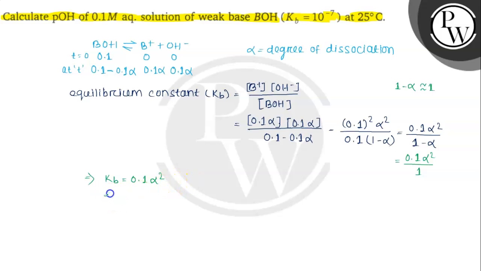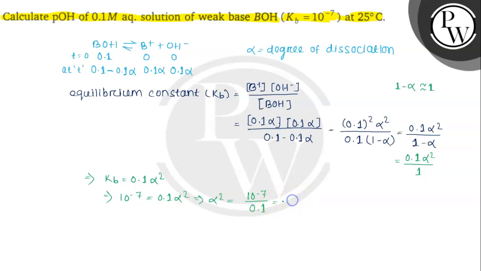So the value of Kb, 10 to the power minus 7, it is given, is equal to 0.1 alpha squared. So alpha squared will be 10 to the power minus 7 divided by 0.1.